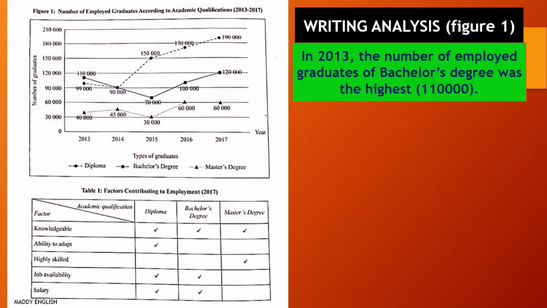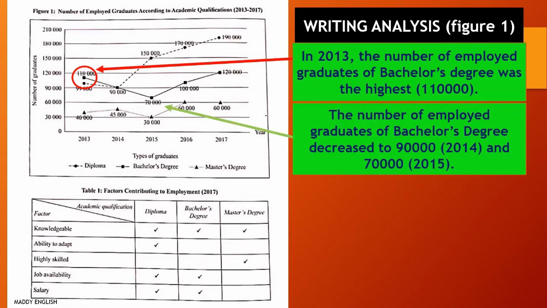In 2013, the number of employed graduates of bachelor's degree was the highest. So when I do this, I'm actually referring to the data in 2013 as the highest, 110. And be sure that your analysis consists of all the 5 elements in the question.